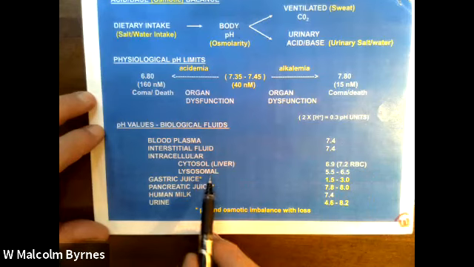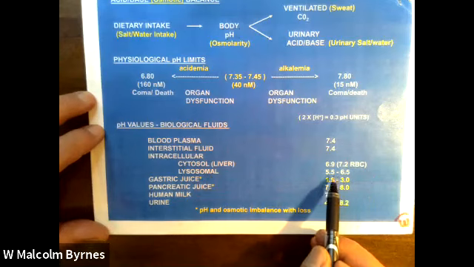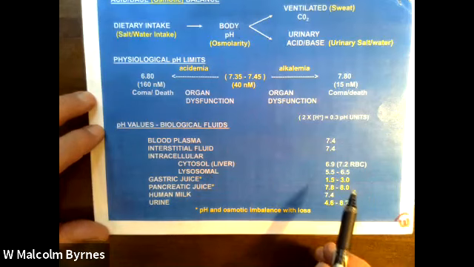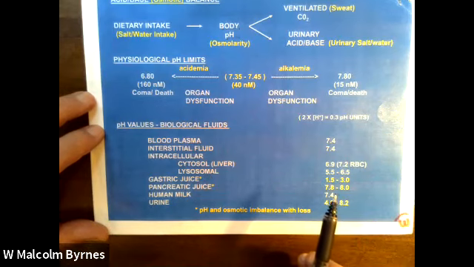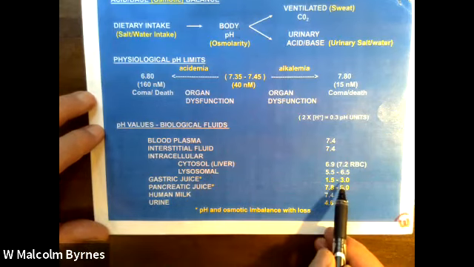Inside the lysosome, which is an organelle in the cell, it's quite acidic, and that's because of the special role that the lysosome has in degrading macromolecules, where the enzymes that work there require that lower pH to work. Gastric juice, very acidic.